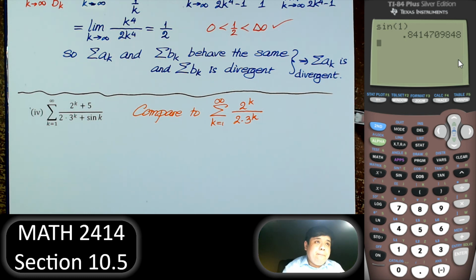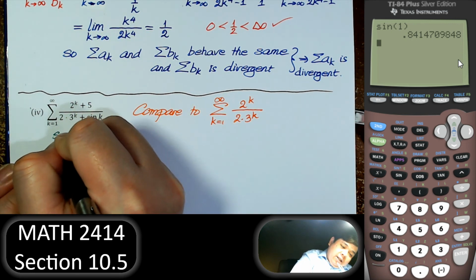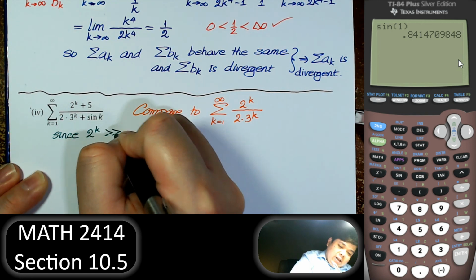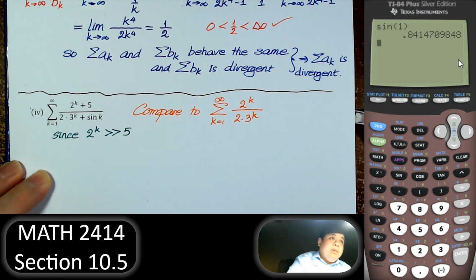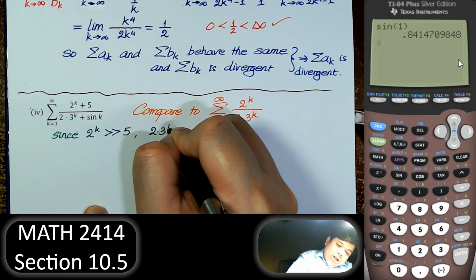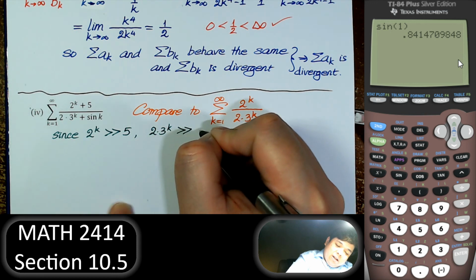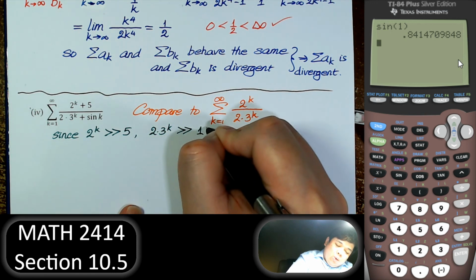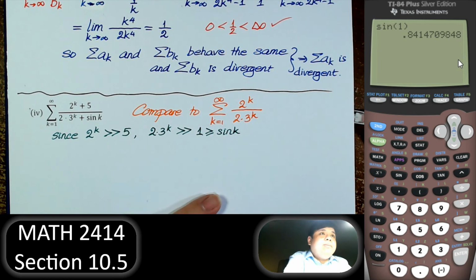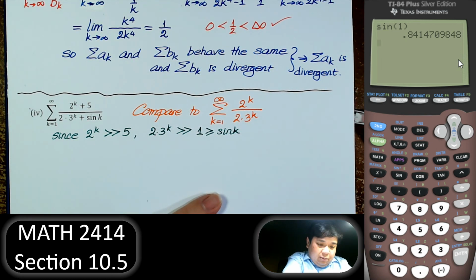I guess I should say, since 2 to the k is significantly bigger than 5, and 2 times 3 to the k is significantly bigger than 1, which is bigger than or equal to sine k. Right?